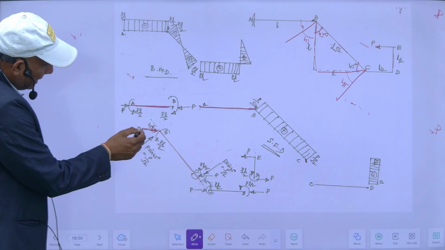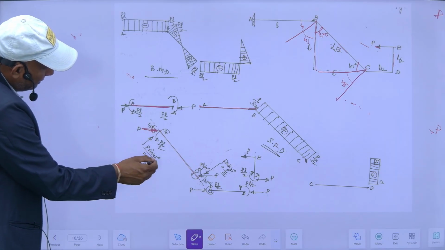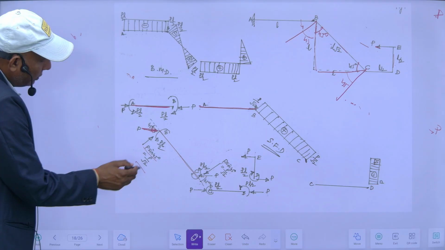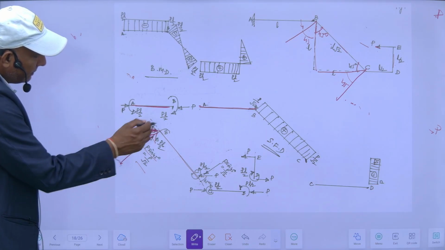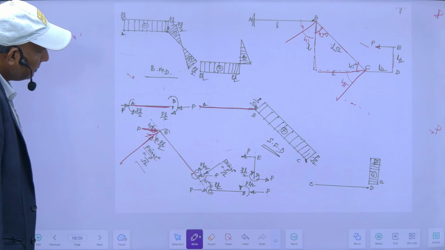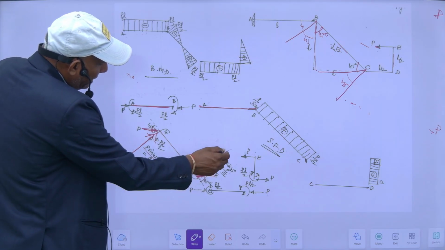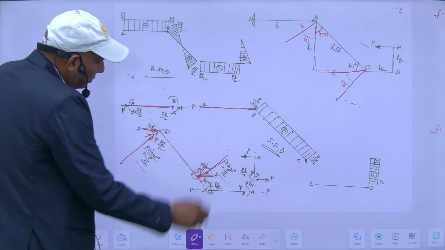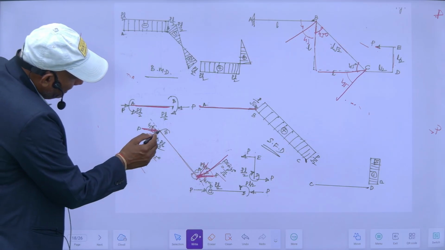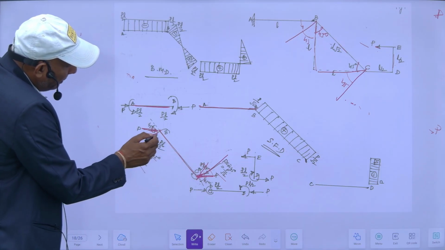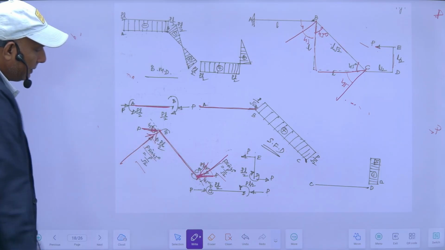So this P is acting here, and P sin 45 degrees is P upon root 2. So this will act like this, and since this P is acting, its component will be like this, P upon root 2. For drawing its shear force diagram, I will draw perpendicular to this inclined line.